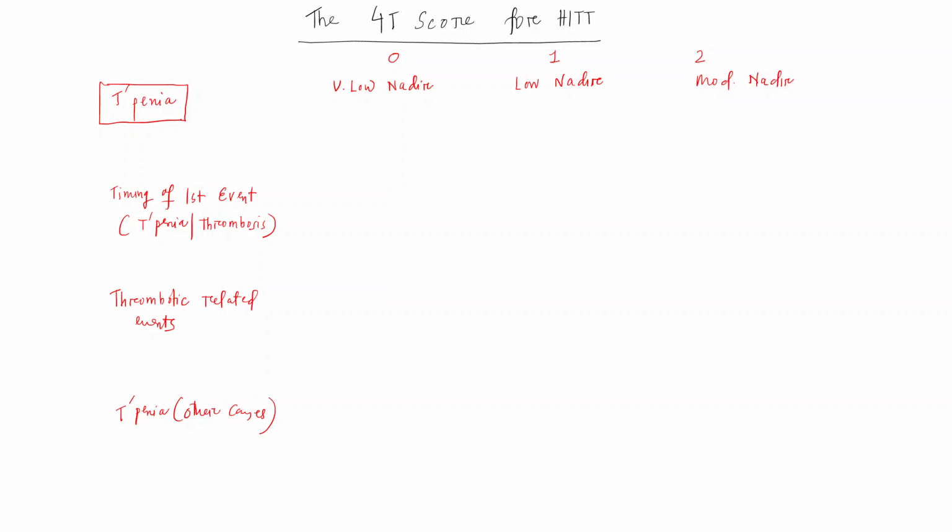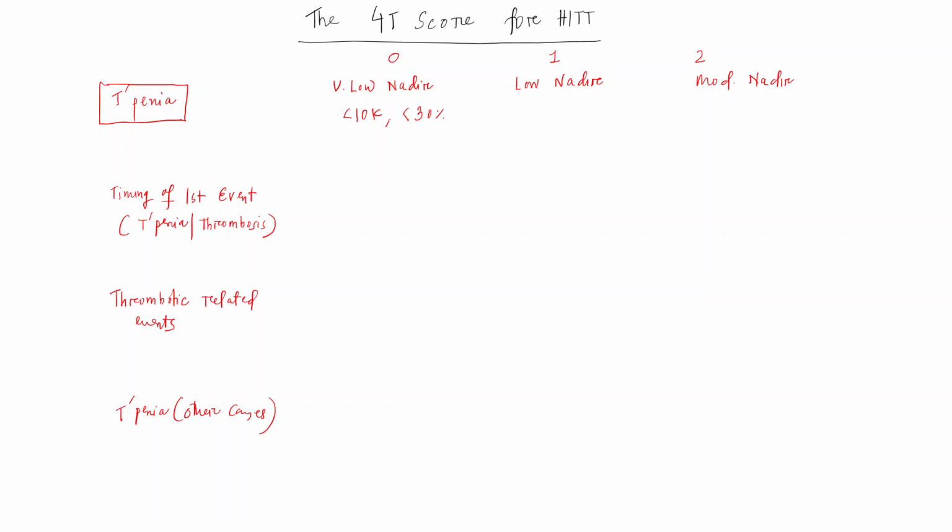Very low nadir means the fall of platelet count is less than 10,000, or less than 30% of the initial value. So if the patient has 1 lakh counts and it drops to 90,000, the score will be 0.